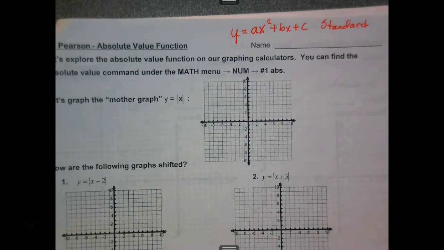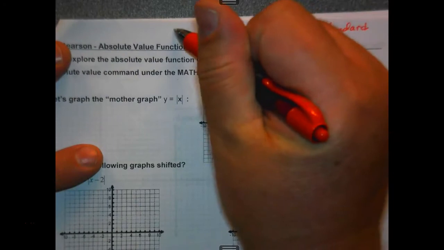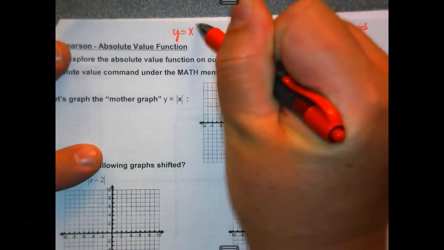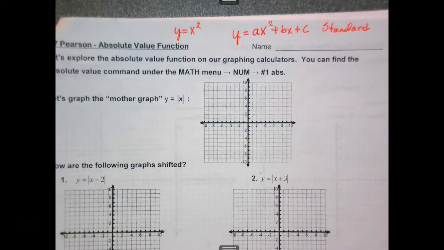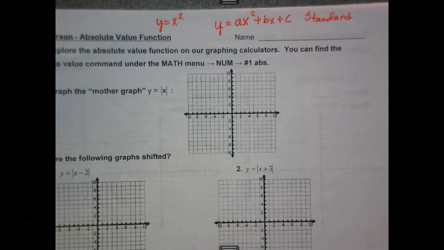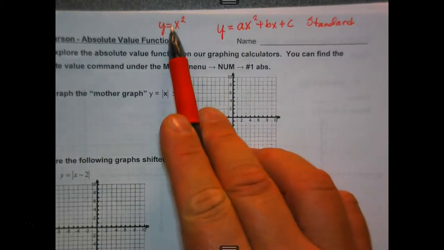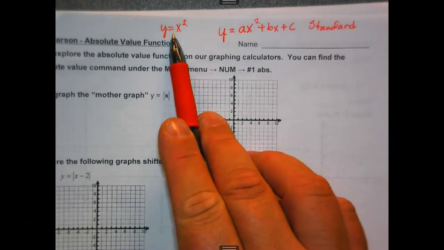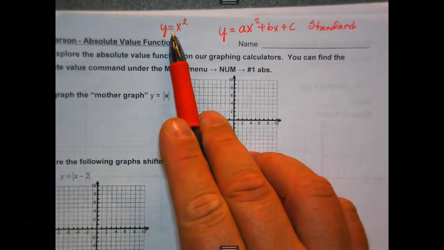Now, the parent function, you started with y equals x squared, didn't you? What kind of shape did I have there? Remember, a U shape. Parabolas.